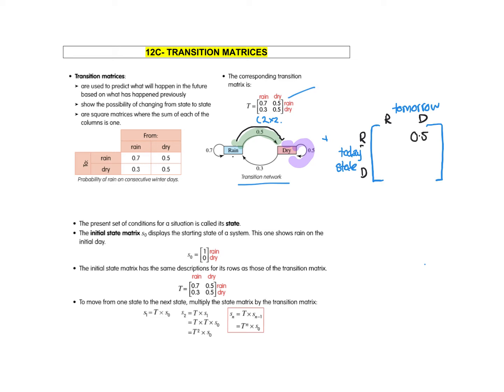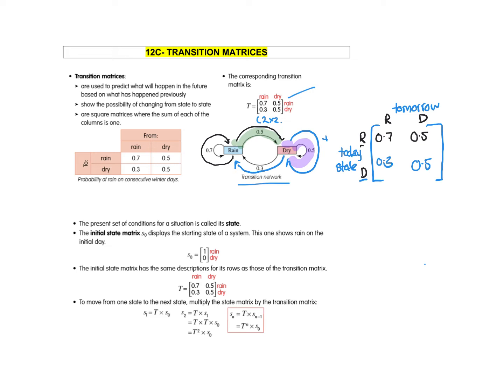If you were on rain today and it was going to rain the next day, it's 0.7. If it was dry today and dry tomorrow, that is 0.5, and dry today and rain tomorrow was 0.3.